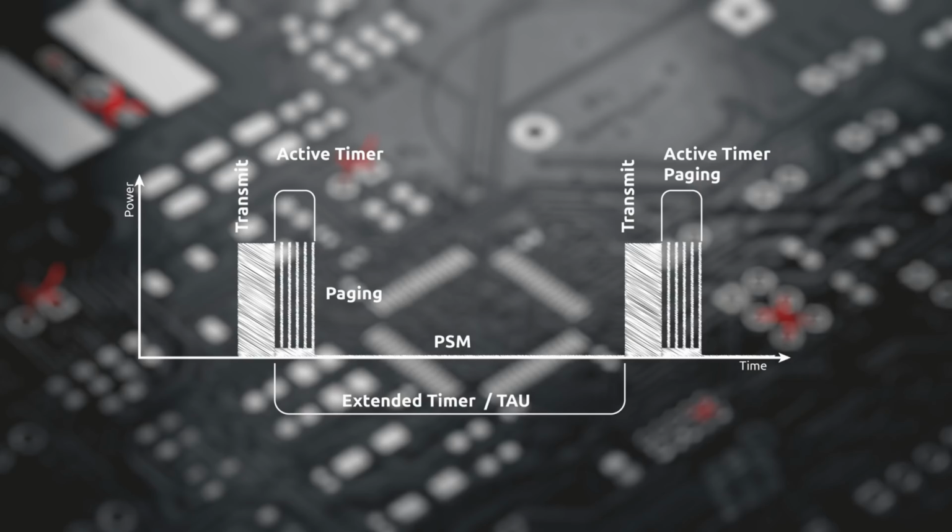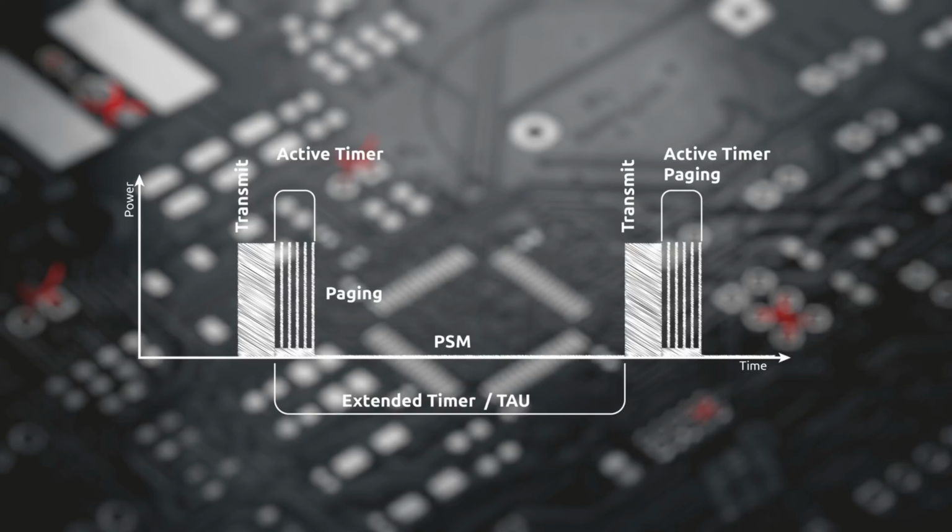So, after active timer expires, module stops DRX cycles and network stops communication requests to the module until extended timer will expire. And extended timer value could be set as long as you need for your application, as LTE network approves.